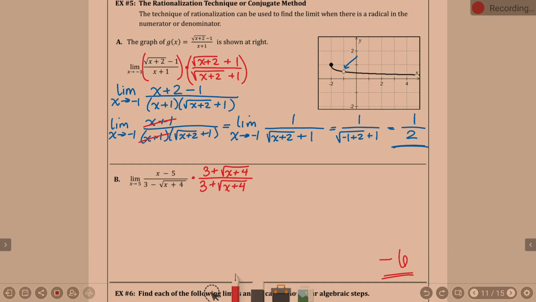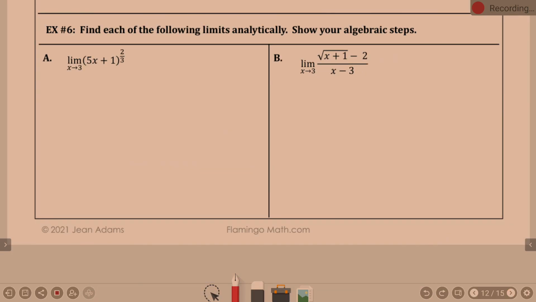Okay. It says find each of the following limits analytically. Show your algebraic steps. It's going to be the cube root of 5x plus 1, squared. And we're going to plug in. There's nothing really to clean up or simplify here. We're just going to attack it and plug in.